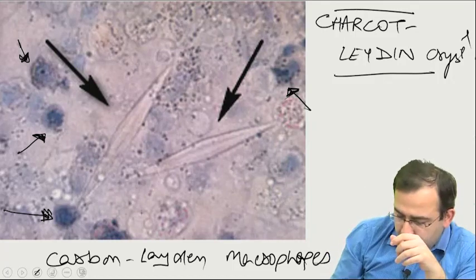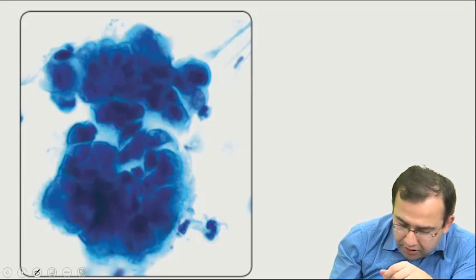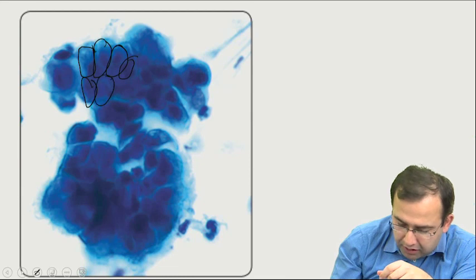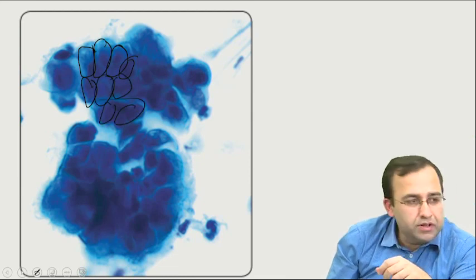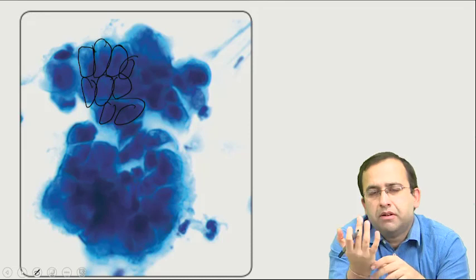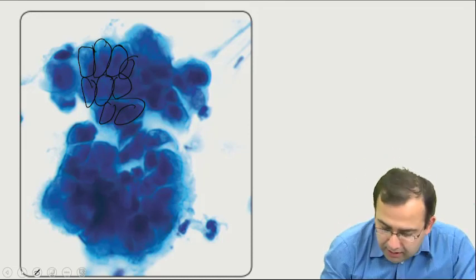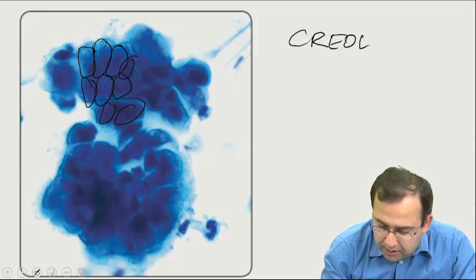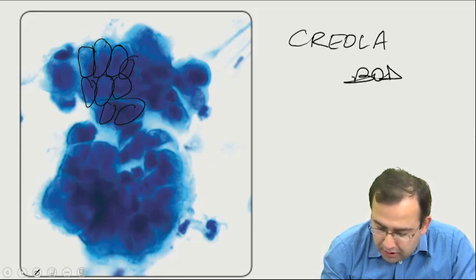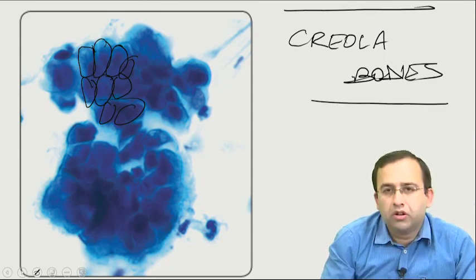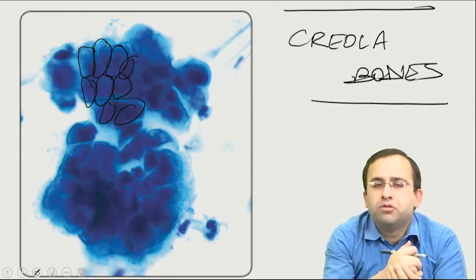Next, I am telling you that this is sputum. Diagnosis. What we have here are collections of ciliated columnar cells which are sloughed from the mucosa and present aggregated in sputum sample, making this Creola bodies, that is sloughed columnar epithelial cells present in sputum.